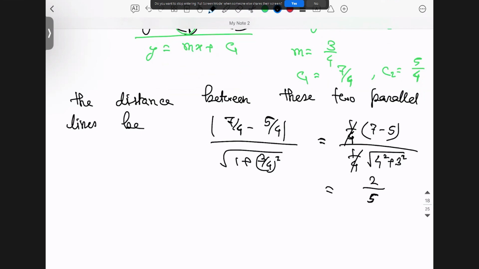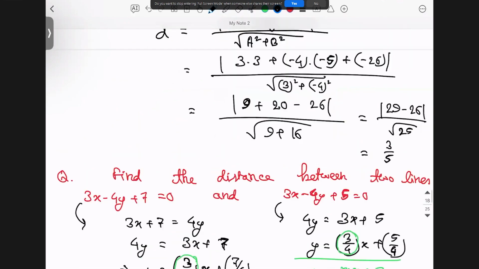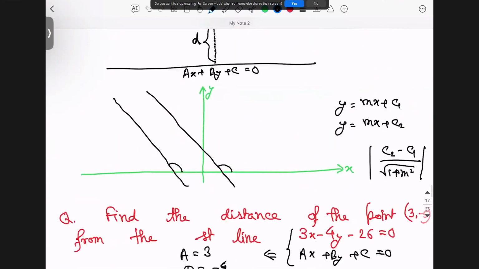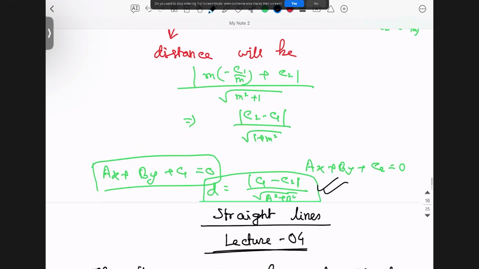Okay, so here one can directly use the previous formula we wrote in the last slide for finding the distance between two straight lines. But for that, you should be clear that a and b have the same values, or give the same slope.